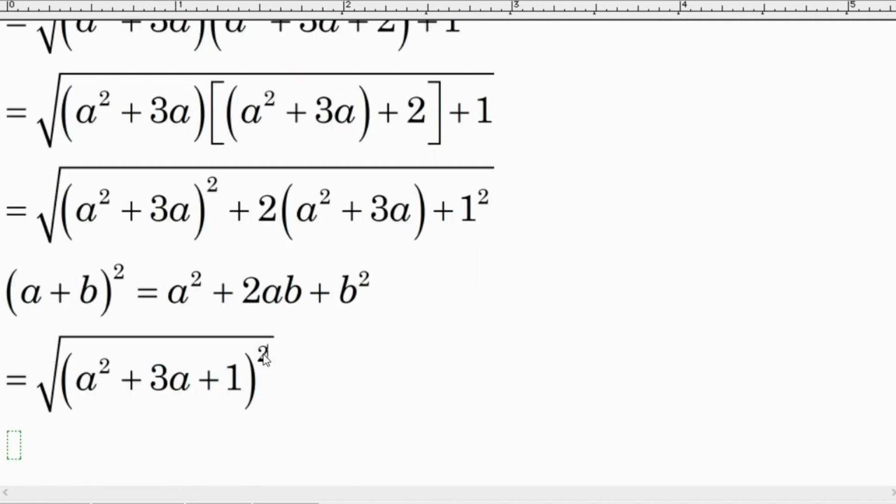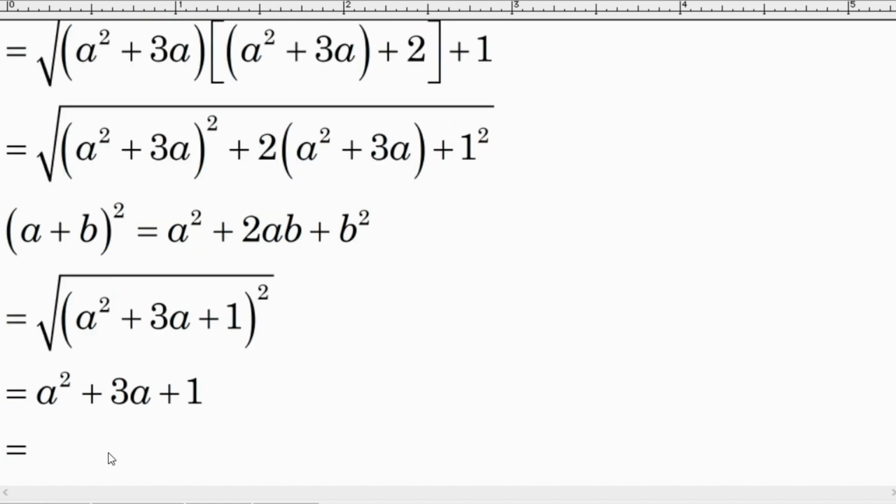Now we have the square with the square root, so we can simplify together. We get the number under the square root here: a square plus 3a and then plus 1. Now we take the value of a equal to 2022 and substitute into here.